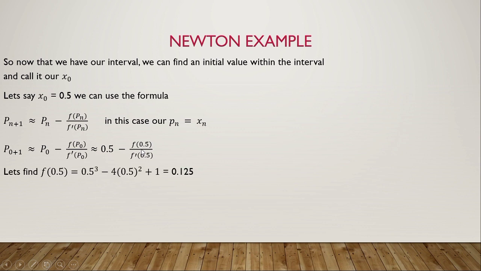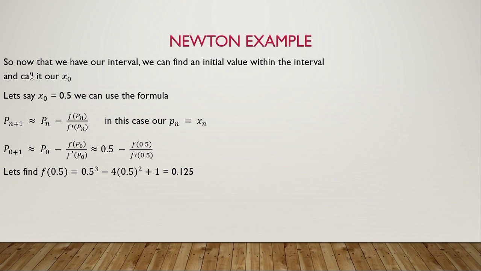If we do that, f of 0.5 is equal to 0.5 to the power 3 minus 4 multiplied by 0.5 to the power 2 plus 1, and we get a value of 0.125.